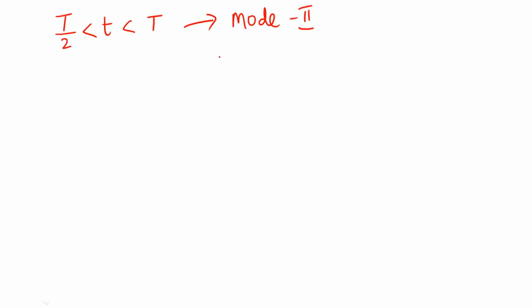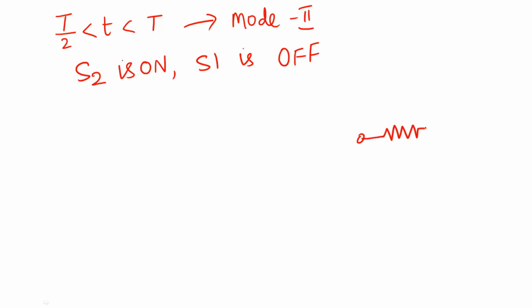During mode 2, S2 is on and S1 is off. So what happens during this mode? This is point O and this is point A.